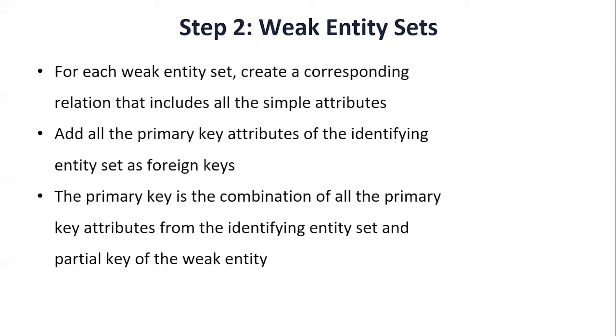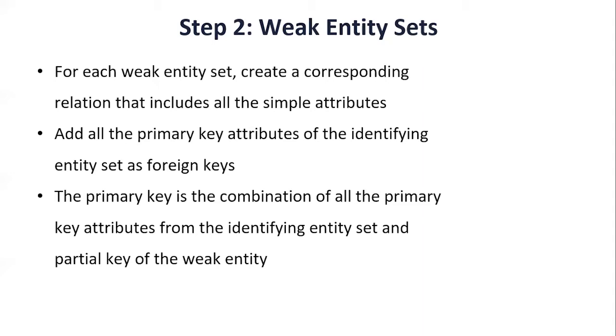So similar to a strong entity set, we have to do the same thing for a weak entity set: identify the entity sets, create a relation for each of them. And not only that, we have to have all the primary key attributes of the identifying entity set as foreign keys in the weak entity set's relation.